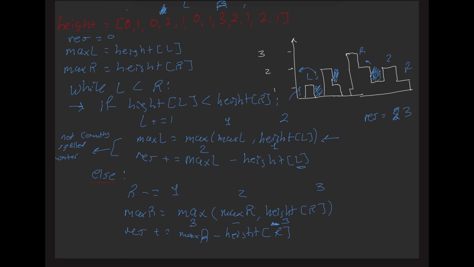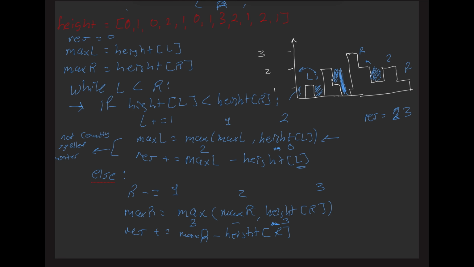And then again, 1 is smaller than 3. So we're going to come back to this array. This will come down here. And the difference is again going to be 1. So here, oh sorry, it'll be 2 technically, because our height of L at this point will be 0, and that's when we're going to have this giant water spill over here.